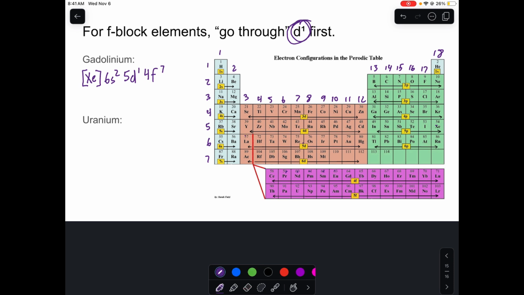All right, so let's go with uranium. Uranium, we're going to find right here, and that's going to be 5F. We've got to imagine uranium fits in right here. It's going to come right after that. So that means our previous noble gas is radon. Let's start with radon.